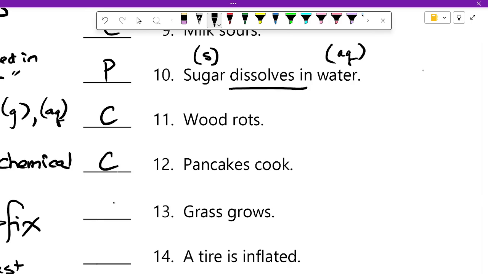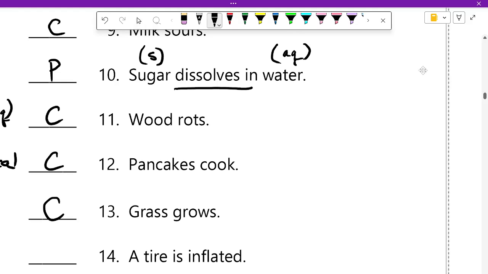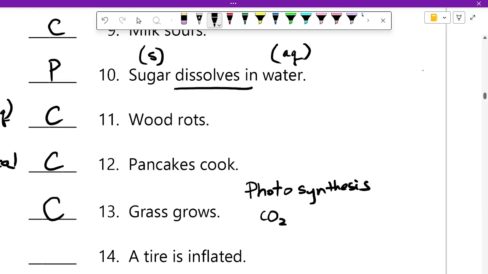How about grass growing? It's actually chemical, because what you have is photosynthesis, making new plant bits. You have CO2 plus H2O is C6H12O6 plus O2.